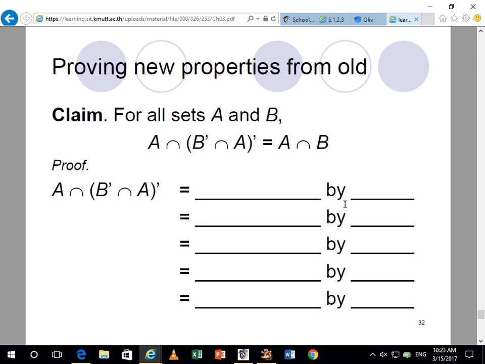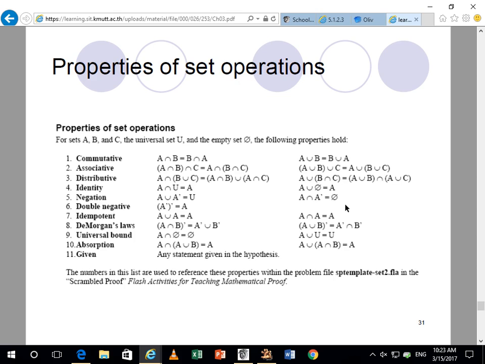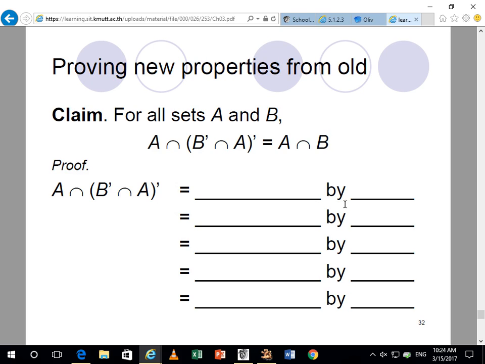Double negative. Or double negative here, right? So what's the third step? Distribute. So we want to use distributive.